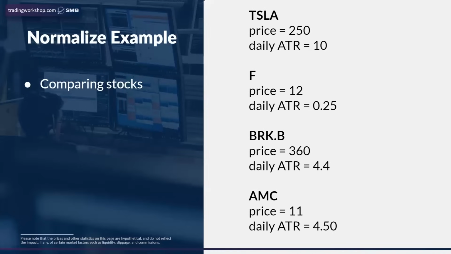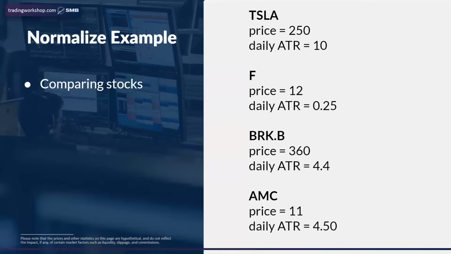Something like Berkshire Hathaway, BRK, is a higher price stock, trading around $360 with a daily ATR of $4.40, while a stock like AMC is a much lower price stock, trading around $11 with an ATR of $4.50. So while BRKB is more than 70 times the price of AMC, they each have almost the exact same ATR.